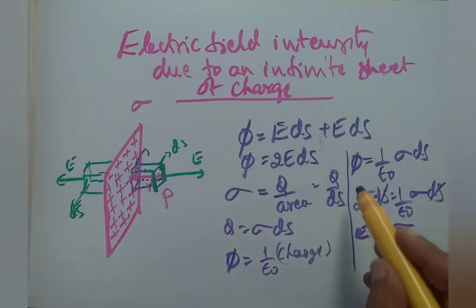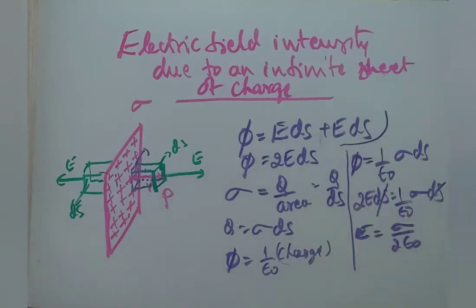Now say we calculate what is the charge inside this Gaussian surface. For that I take charge density sigma as q by area, q by ds, but q equals sigma ds. Therefore, phi equals 1 by epsilon naught times the charge enclosed by the Gaussian surface, but for charge I substitute sigma ds, and for phi I substitute 2E ds.